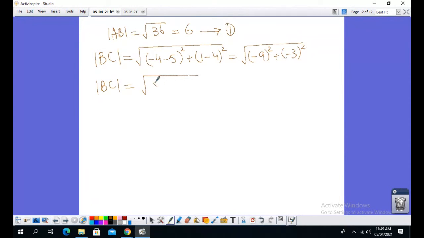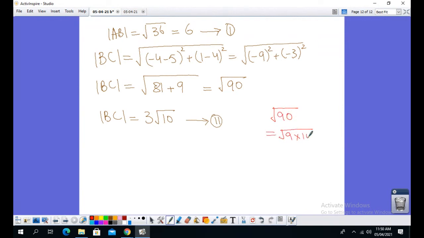The square of 9 is 81, therefore the square of minus 9 also becomes 81. It becomes square root 90, and we can write square root 90 as 3 square root 10. How? We write square root 90 as 9 multiplied by 10, and the square root of 9 is 3, and we have a 10 in square root form.